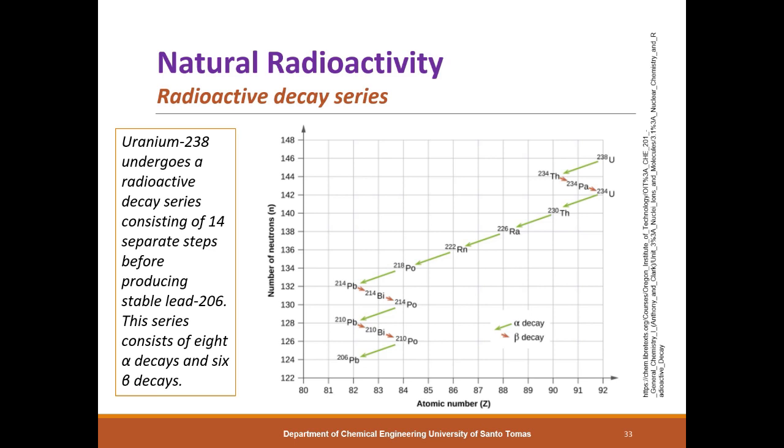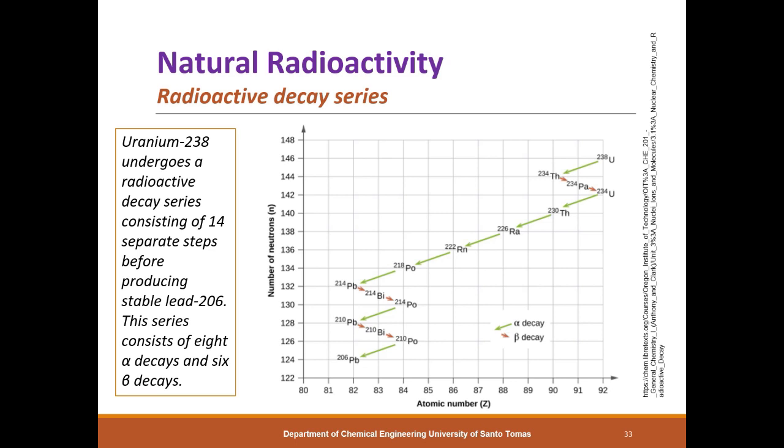The naturally occurring radioactive isotopes of the heaviest elements fall into chains of successive disintegrations or decays, and all the species in one chain constitute a radioactive family or radioactive decay series. Three of these series include most of the naturally radioactive elements in the periodic table: the uranium series, the actinide series, and the thorium series.